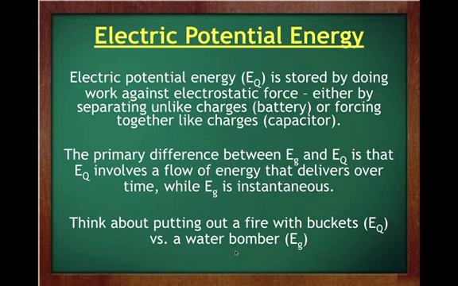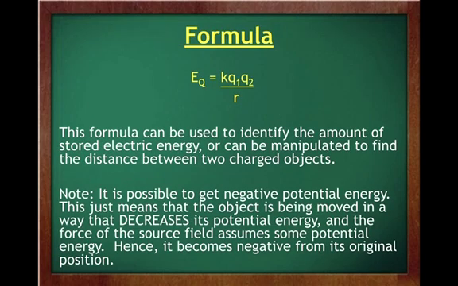Think of it in terms of an analogy: putting out a fire slowly over time with buckets would be like electric potential energy, whereas a water bomber dropping one big load that puts out the fire would be your gravitational potential energy. So there's your big difference.